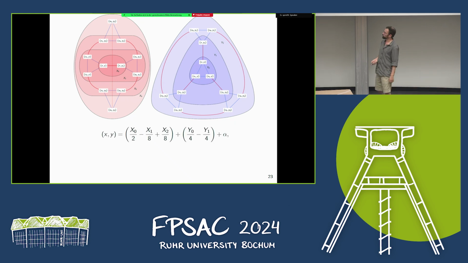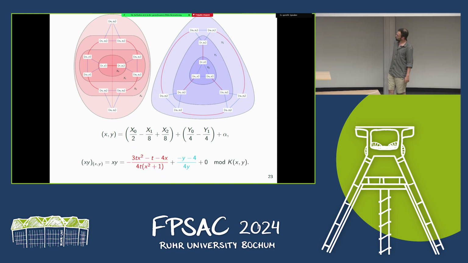And so I have a nice formula which expresses xy in terms of these linear combinations. And hence, by evaluating the fraction xy on it, I obtain a function of x plus a function of y, modulo k, which is my decoupling.